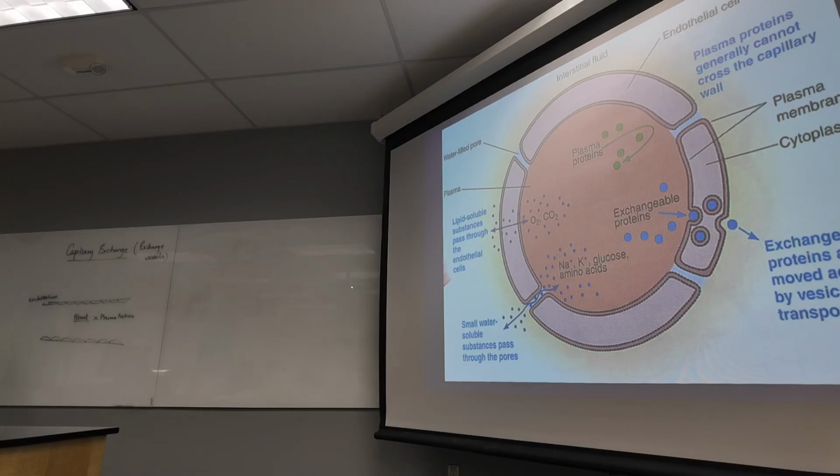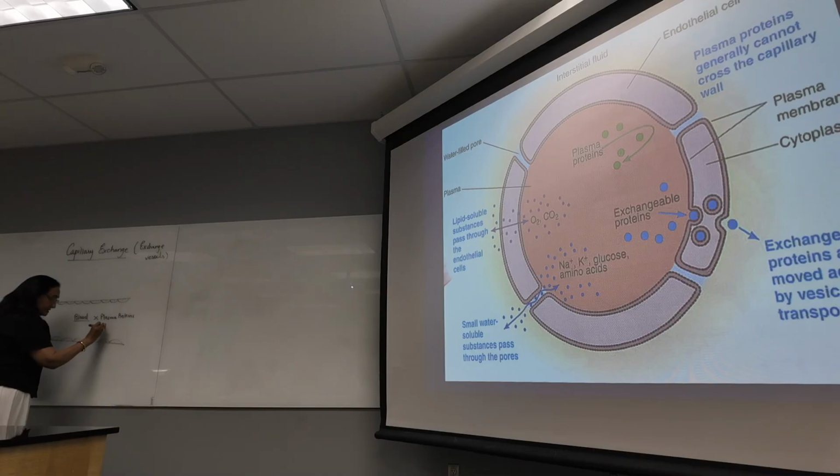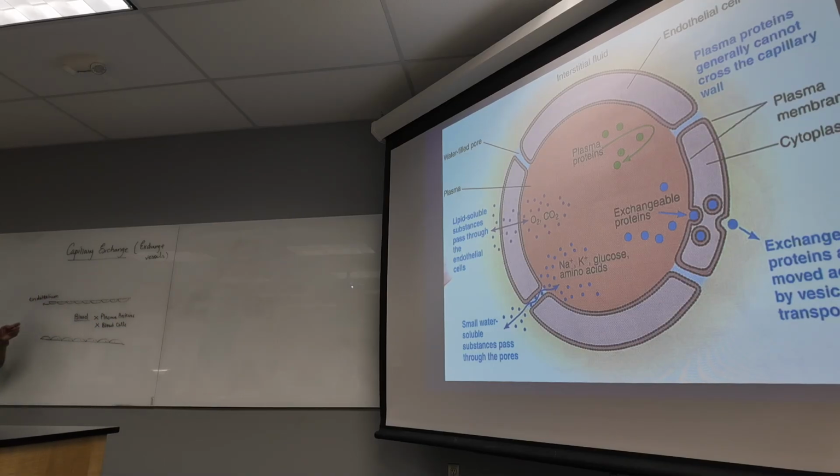Any large protein cannot escape, and blood cells. These holes are not big enough to allow red blood cells, white blood cells. White blood cells can squeeze through sometimes, but generally blood cells don't move out. So the process by which exchange occurs.